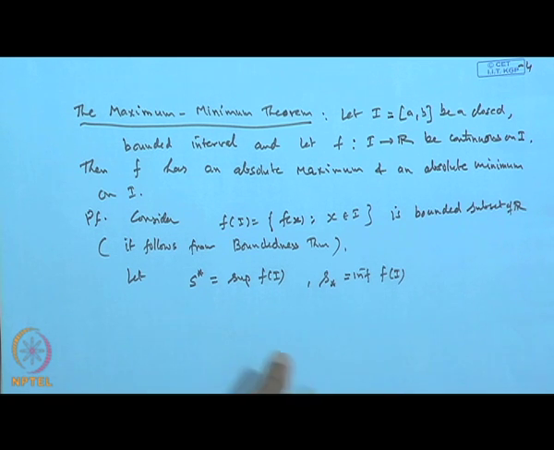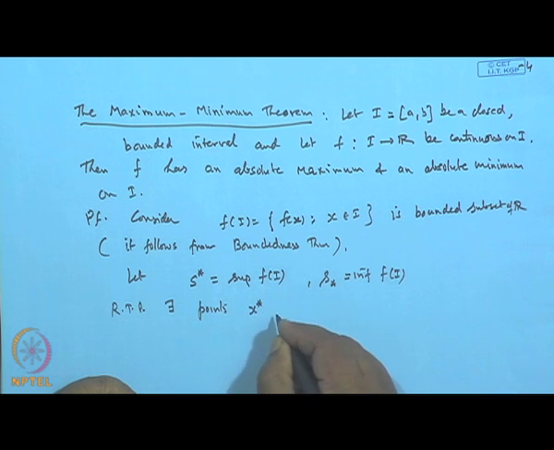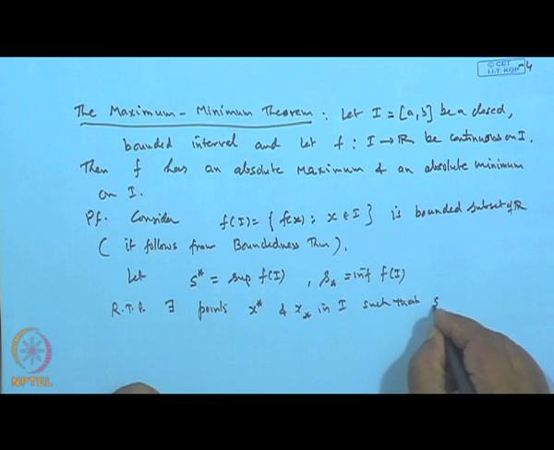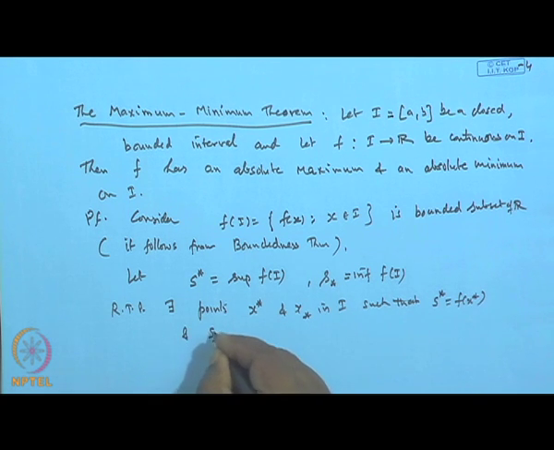Now, since S star and S lower star exist, what we are required to prove is that there exist points x upper star and x lower star in I such that S star coincides with f of x star and S lower star coincides with f of x lower star.